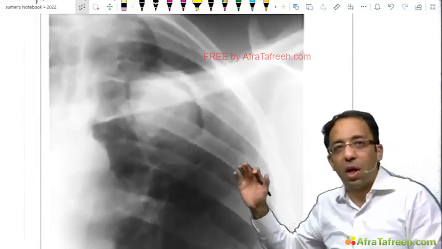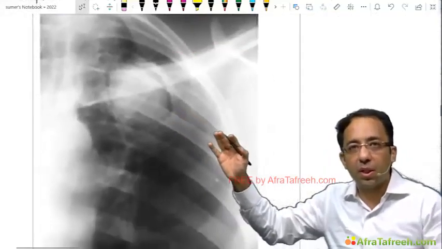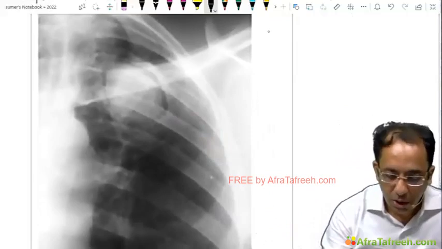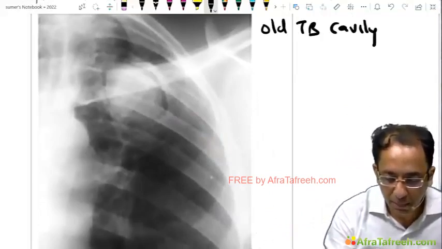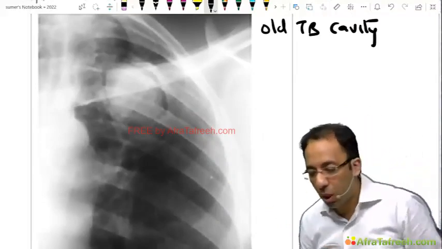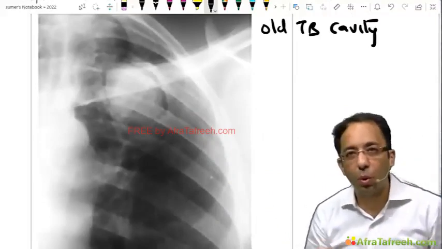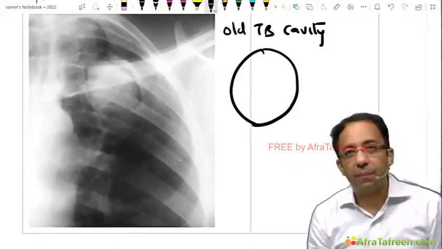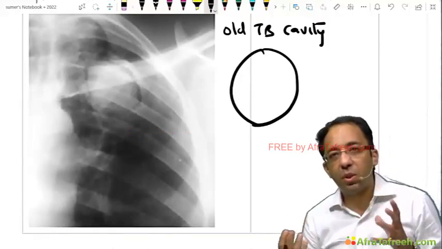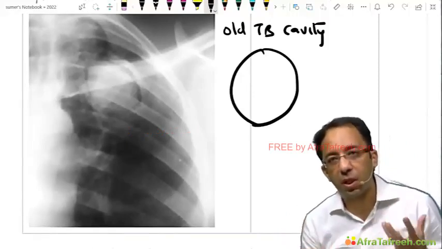Now suppose I want you to look at this particular X-ray, and I tell you, suppose you have a patient who has an old tubercular cavity. This is like a cavity. What is the risk? You have a fungus which is ubiquitous, called aspergillus.